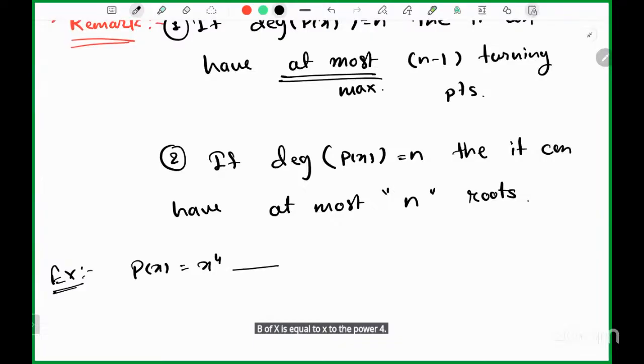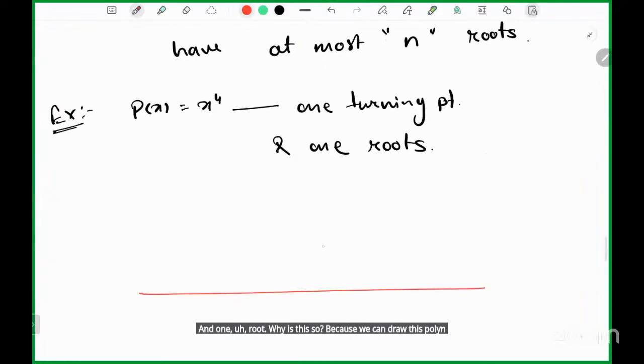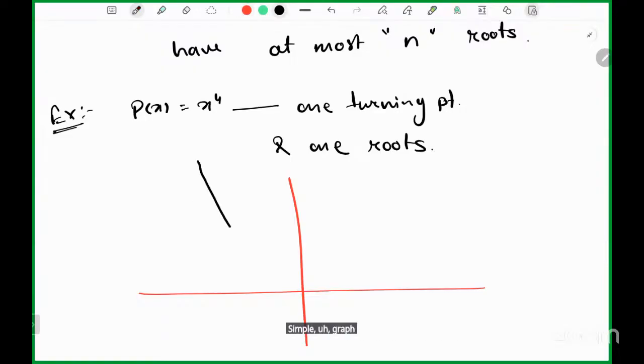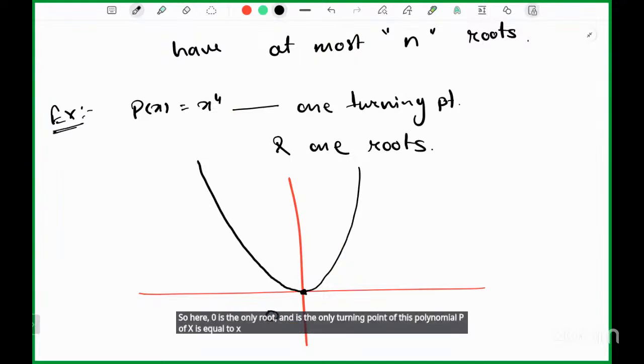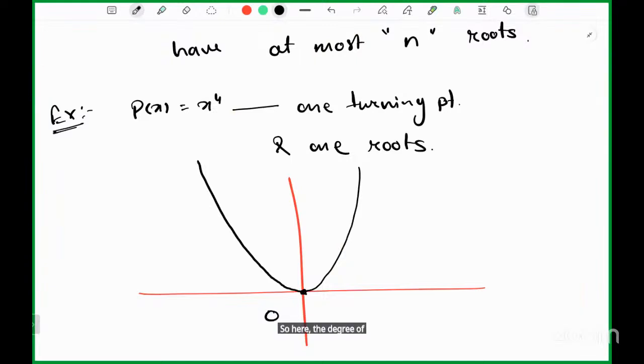So this is a polynomial of degree 4 and it has only one turning point and one root, right? Why is this so? Because we can draw this polynomial. It's a very basic, simple graph. It's just like a parabola, but a little bit flatter near 0. So here 0 is the only root and the only turning point of this polynomial p of x equals x to the power 4. So here the degree of the polynomial is 4, but it has only one turning point and one root.